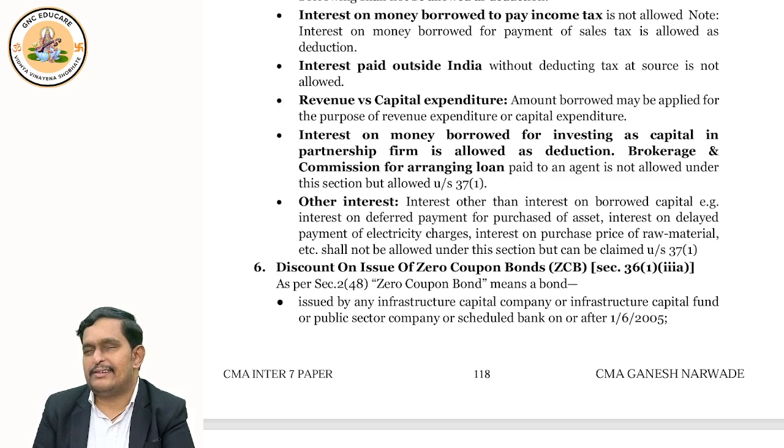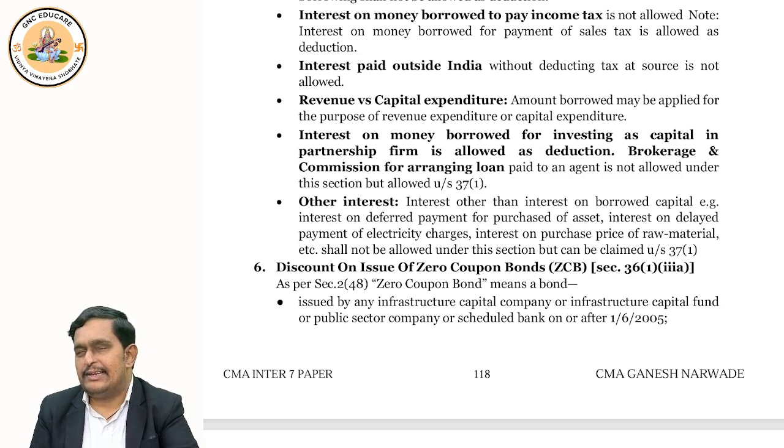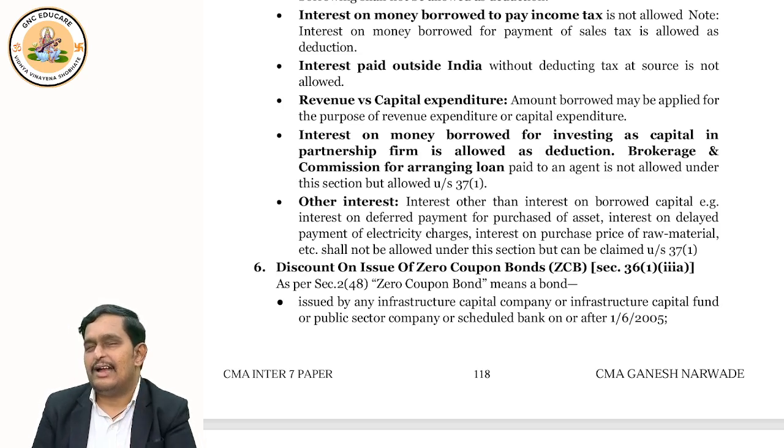Suppose 10% is the rate of TDS, and you are paying, suppose, 1 lakh rupees outside India as interest. So 10,000 you should deduct, pay 90,000 outside India and 10,000 you should pay to the government in the name of tax, TDS, tax deducted at source.